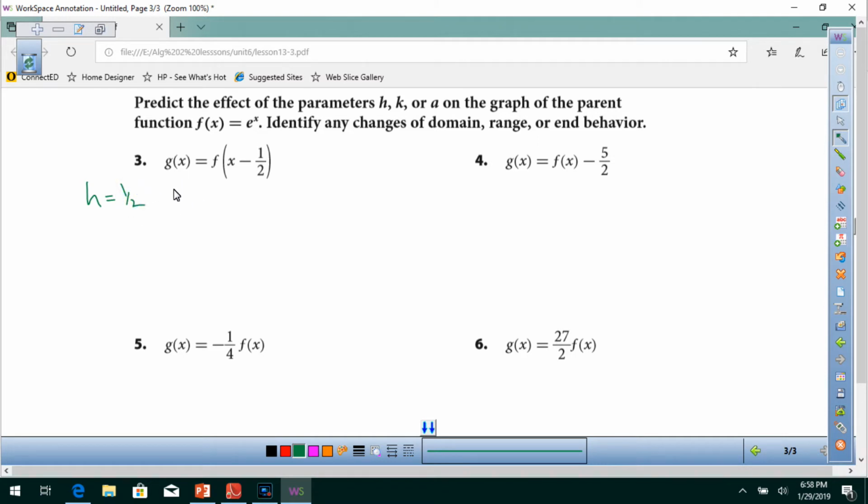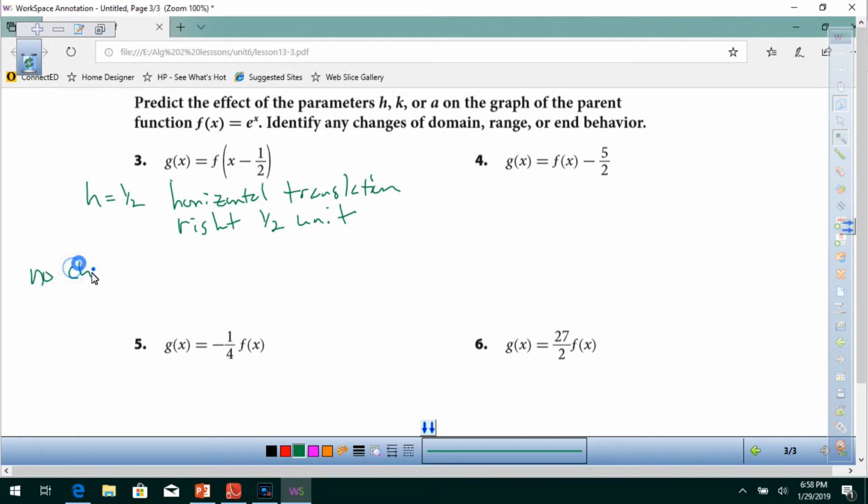Okay, so we're going to have a horizontal translation, right 1/2 unit.